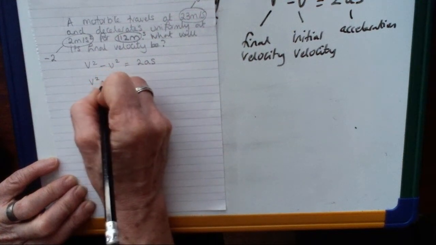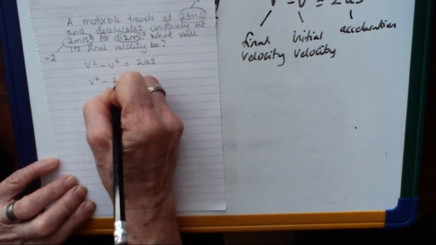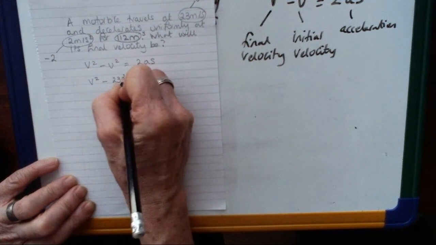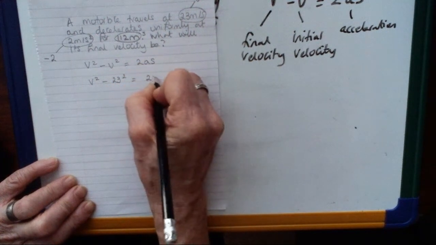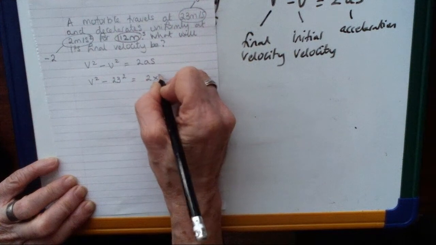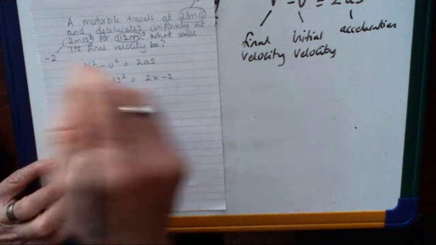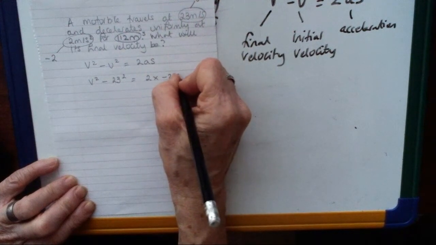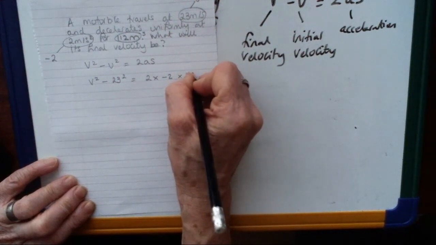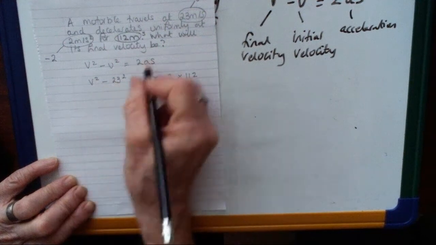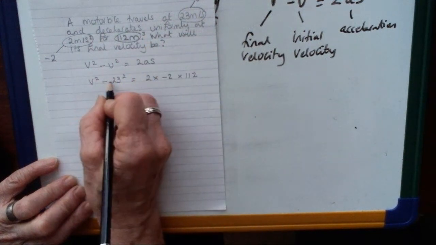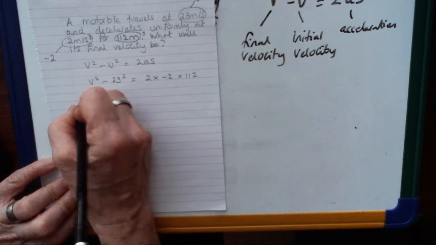So we've got v squared minus 23 squared equals 2 times minus 2, that's our deceleration there, times 112 being our distance.